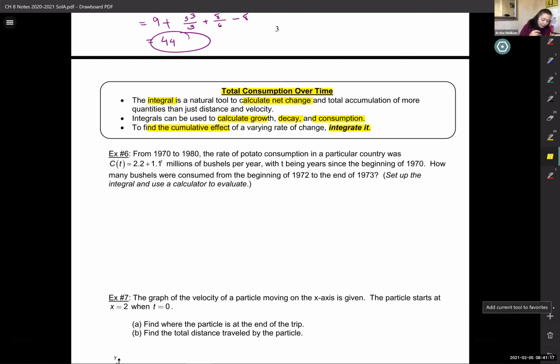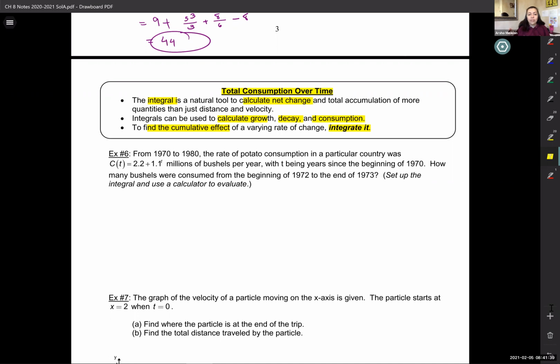From 1970 to 1980, the rate of potato consumption in a particular country was that function, millions of bushels per year. You guys know what a bushel is? Have you guys even seen a bushel?